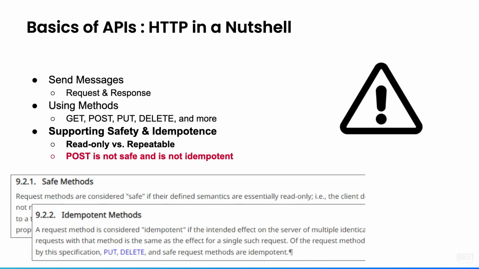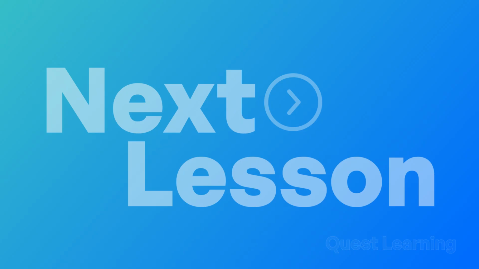Finally, reading and writing is really important because we're really talking about read-only and repeatability. And keep in mind that post is neither safe nor repeatable, and that will affect the way we design in the future. So that sets us up with the basics of protocol. Let's move on next to talk about how we program the difference between services and interface.